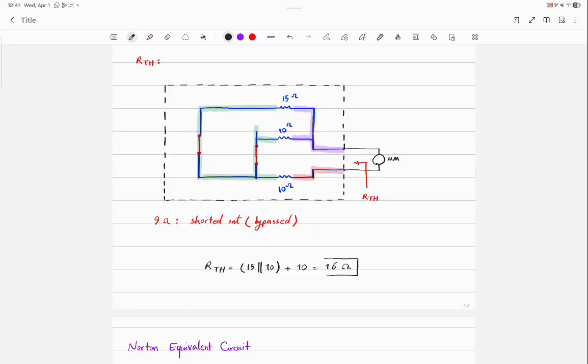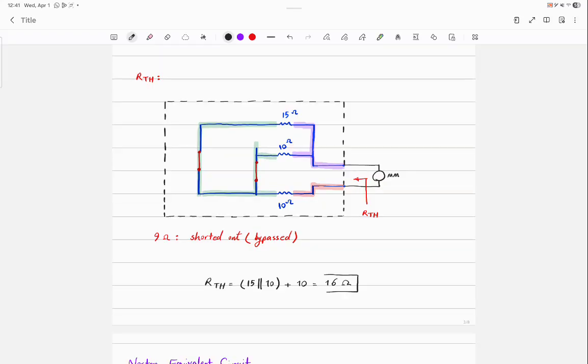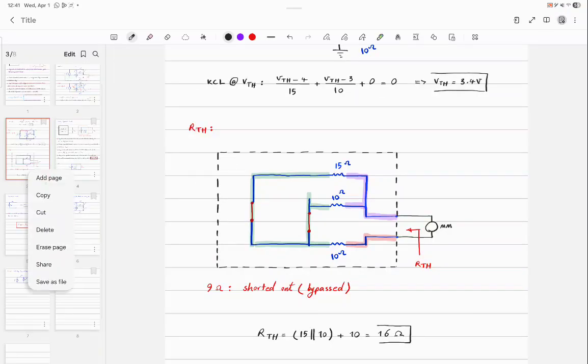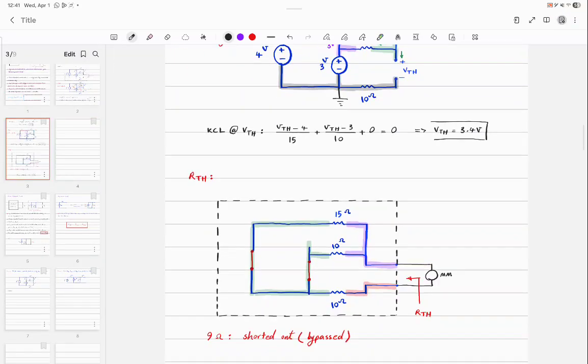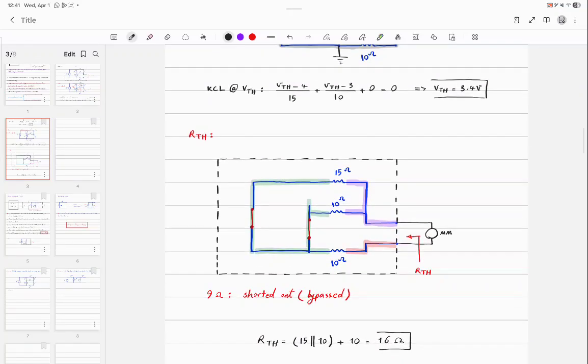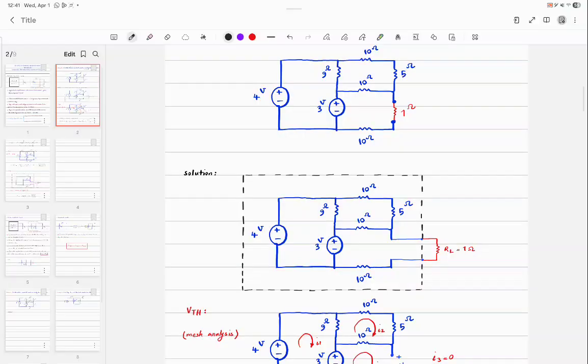Any problem with that? Okay, I found the Thévenin equivalent circuit. So let's do this.